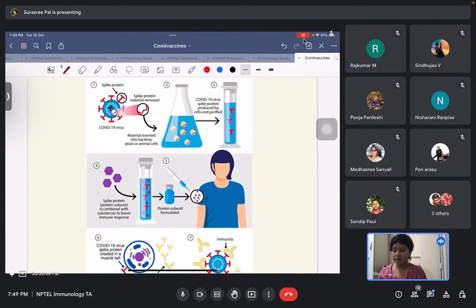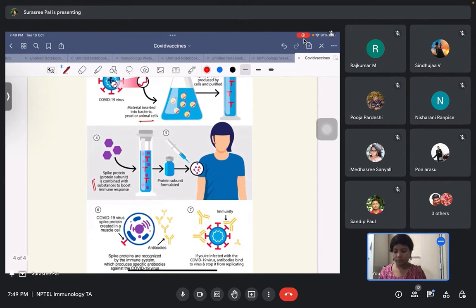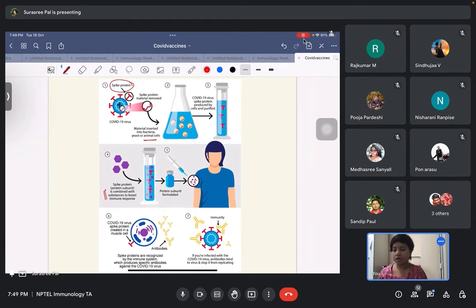So here what was occurring is that this spike protein was purified from animal cells or yeast cells, and this purified spike protein was used as a vaccine. So this is a typical example of a subunit vaccine. When this spike protein is introduced in a healthy individual, it can boost immune responses against the COVID-19 spike protein, right? So this was the strategy which was used for Novavax.